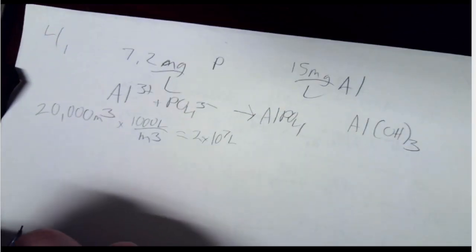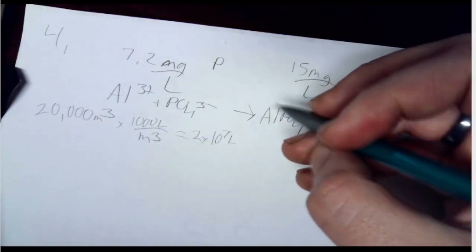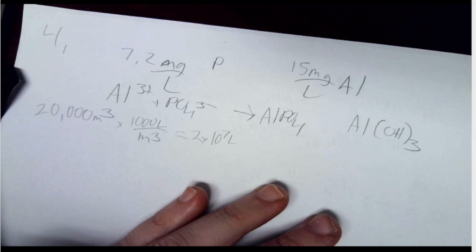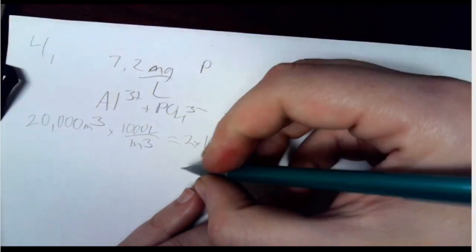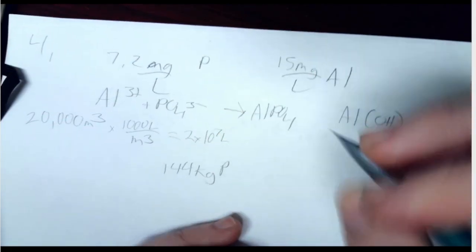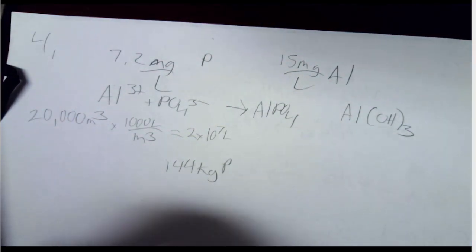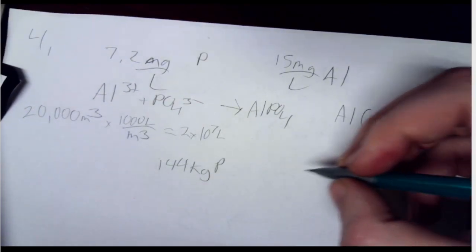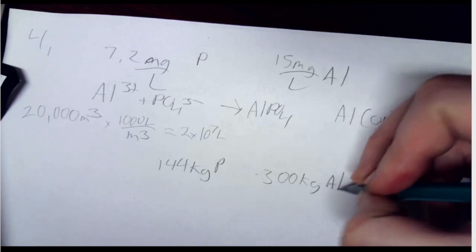So 7.2 milligrams of phosphorus times 2 times 10 to the 7th, and I'm going to divide by 1,000 and 1,000 again. So we're producing 144 kilograms of phosphorus, and we're treating this with 300 kilograms of aluminum. Okay.